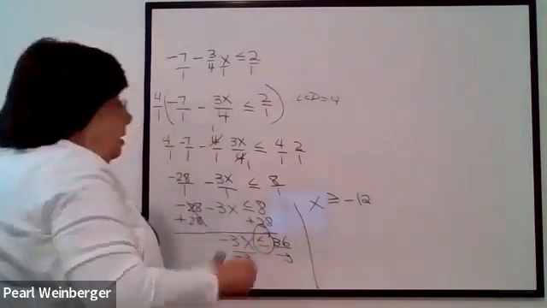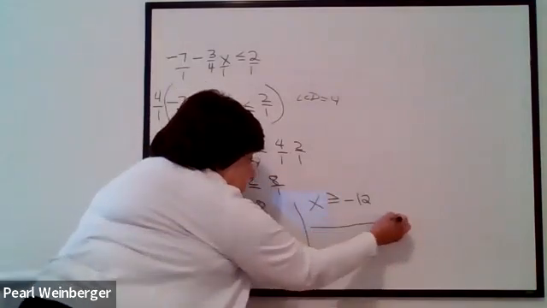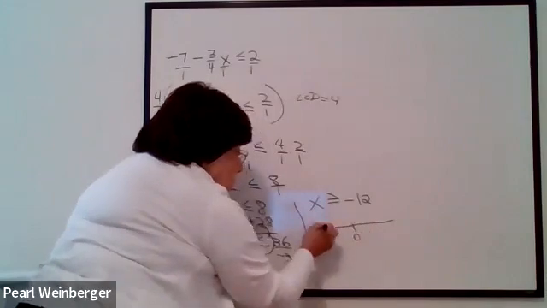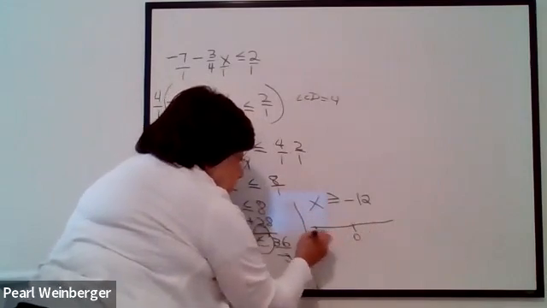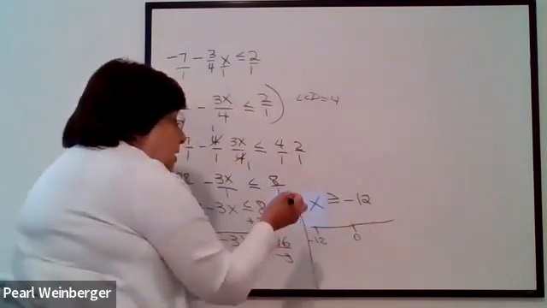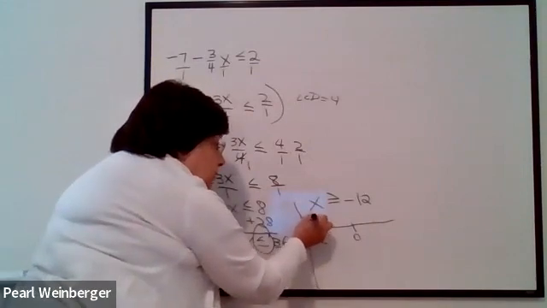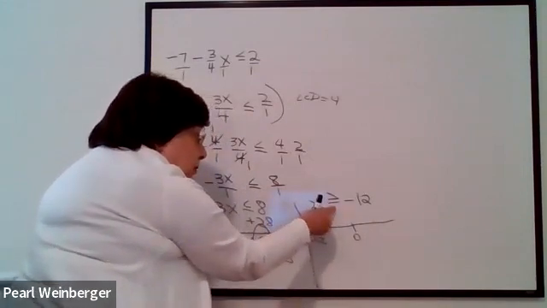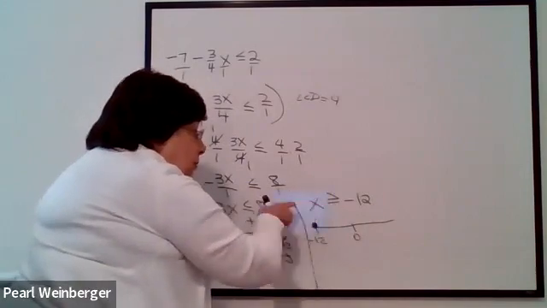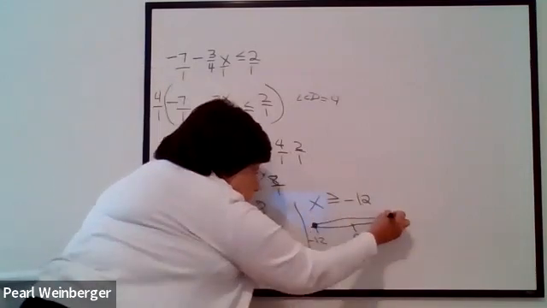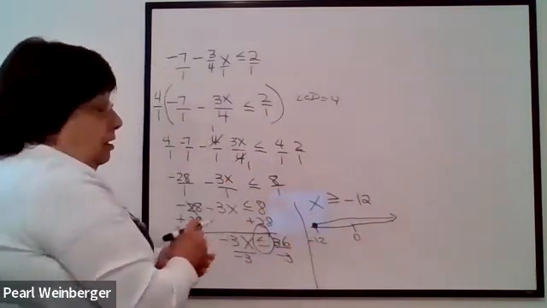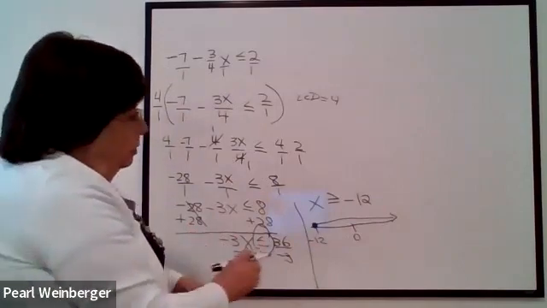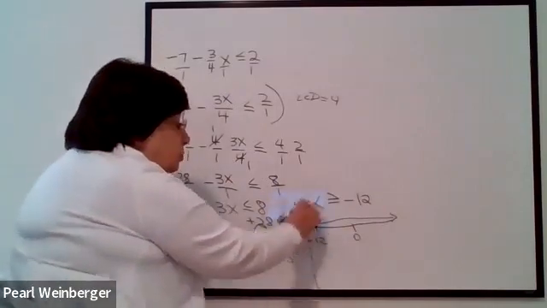If we're putting it on a number line, let's remind ourselves, here's the -12, someplace to the left. It would be a filled-in circle because it's greater than or equal to, and the arrow is pointing to the right. Here's my graphic solution.